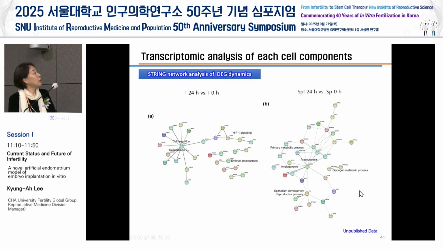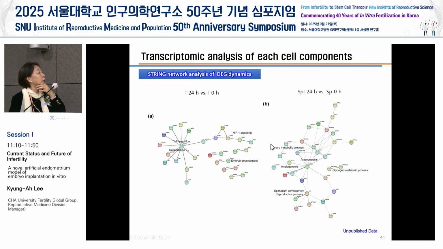Then we did STRING network analysis to see the differentially expressed genes' dynamics. This is the Ishikawa cell itself, the endometrial epithelial cells, and this is the spheroid cells on the Ishikawa cells. We can see some genes related to angiogenesis and cell migration, so it looks fine as a scaffold to study in vitro.